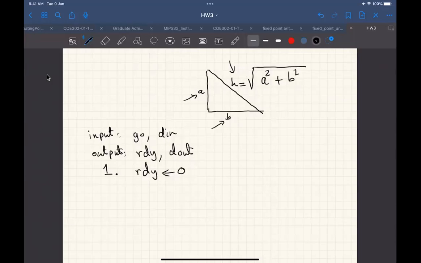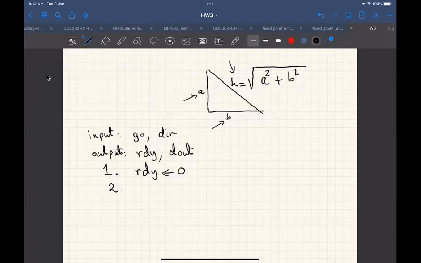It's not the job of the ready signal to tell whether the circuit is ready to consume input or not. So the circuit will be ready to consume input if it is at step 2. This is for simplicity; we're just simplifying our circuit and our design. If it is at step 2, then the circuit will be looking for a positive edge on go.